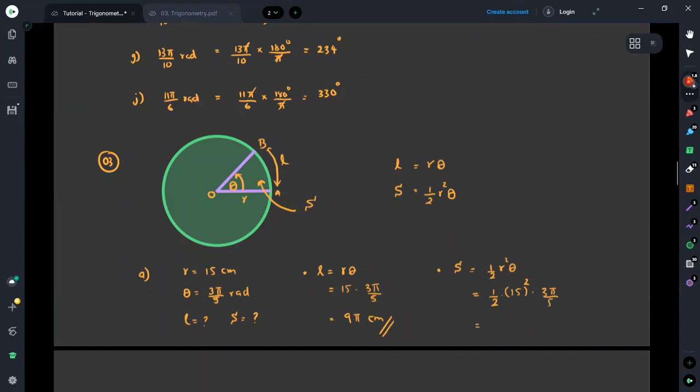If you perform this calculation, we get 135π divided by 2, and the units are square centimeters. If needed, we can substitute π equals 3.142 as an approximation as well.